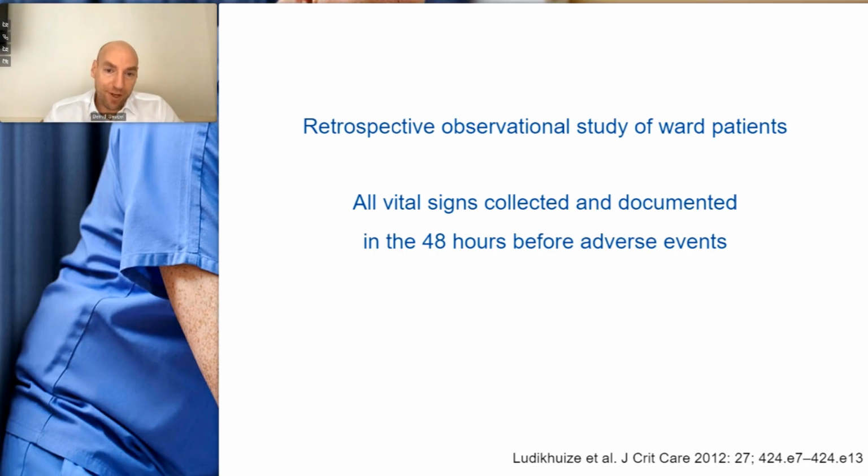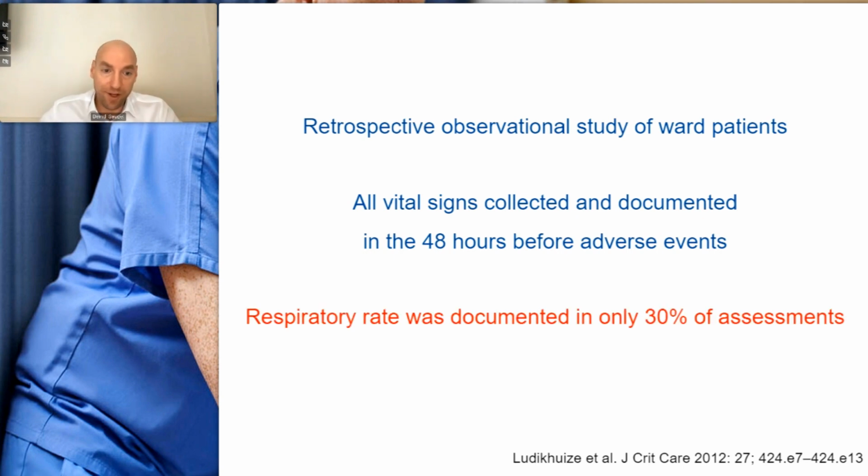An interesting fact about respiratory rate here is that it was documented in only about 1/3 of the assessments by nursing staff during their spot checks. So respiratory rate is very, very rarely documented and very, very rarely measured.